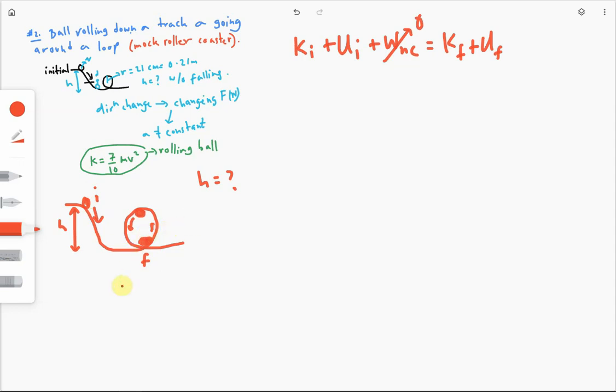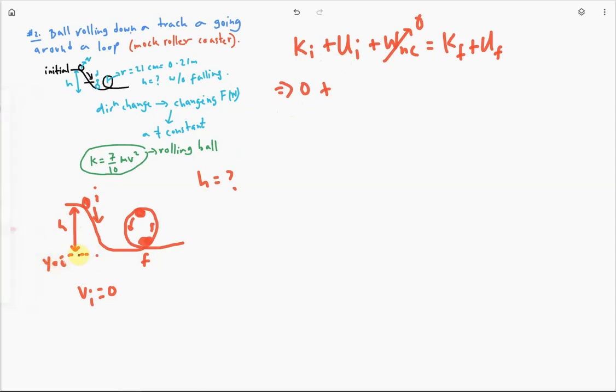So let's write down what we know about the ball rolling down. What about initial kinetic energy? It started from rest, which means our initial speed was 0. If our initial speed was 0, then initial kinetic energy was 0. What about initial potential energy? Initially it started off from a height h above the ground. The ground we call y equals 0.